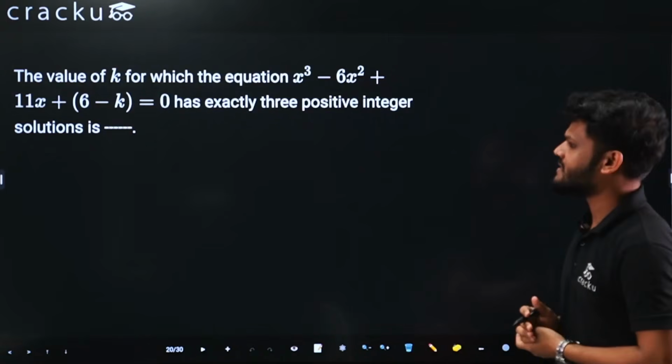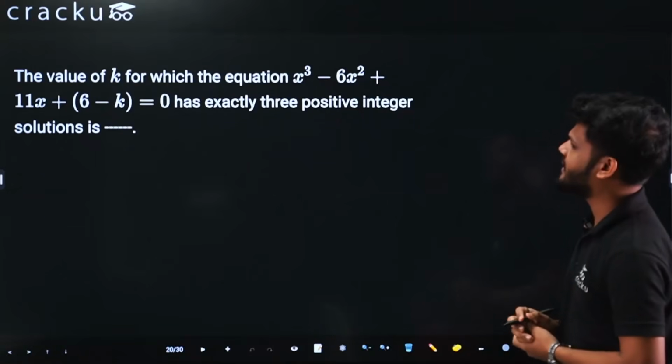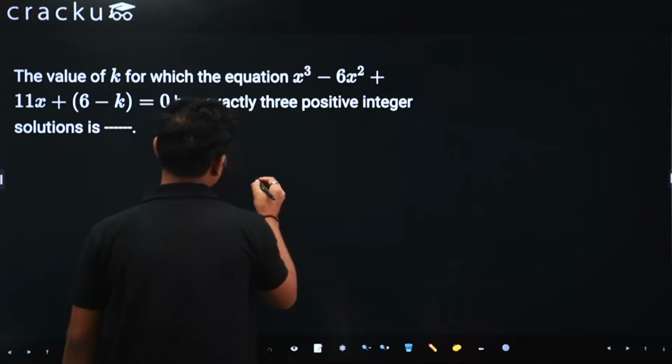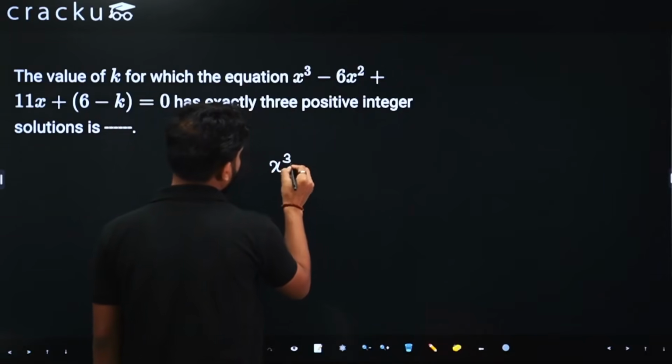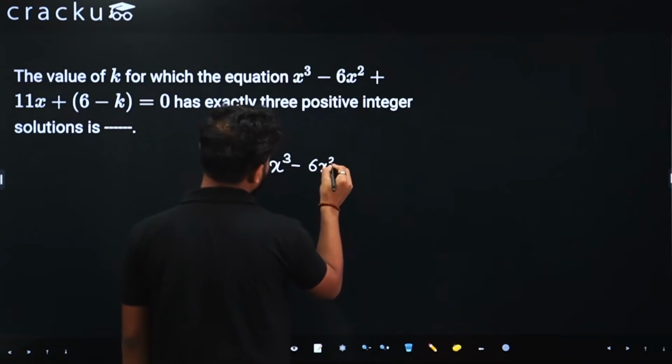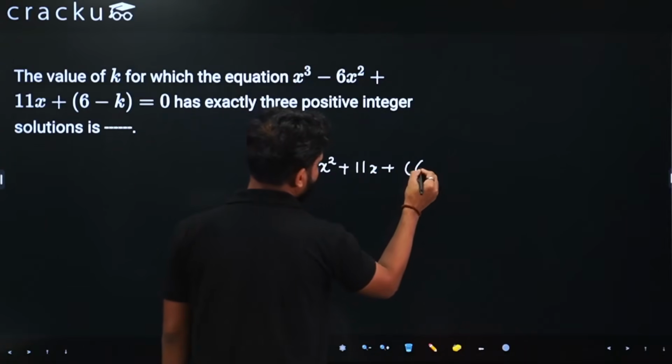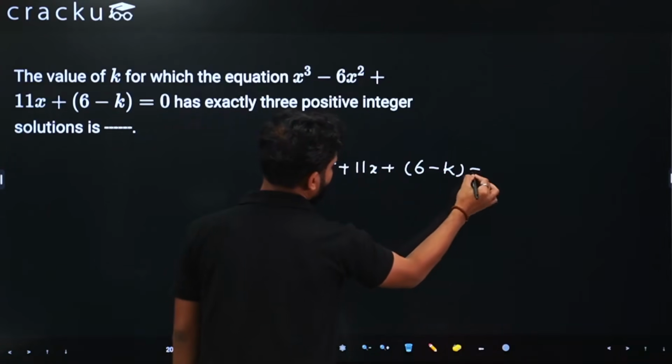In this question we are asked the value of k for which the equation has exactly 3 positive integer solutions. So we have x cube minus 6x square plus 11x plus 6 minus k is equal to 0.